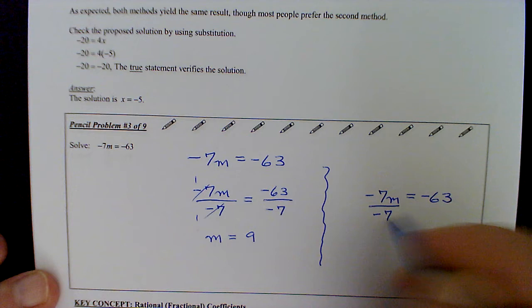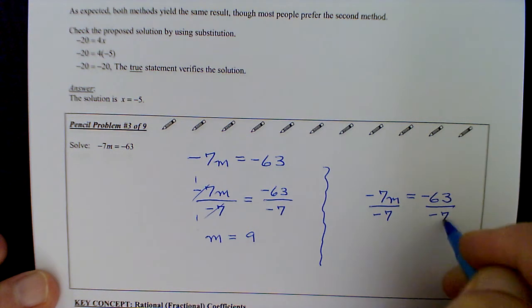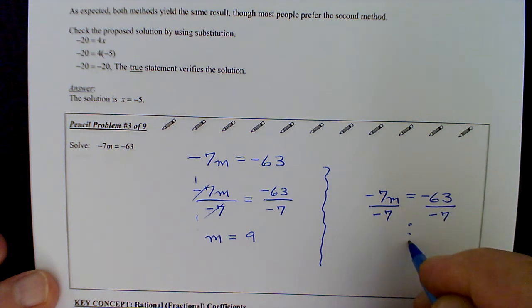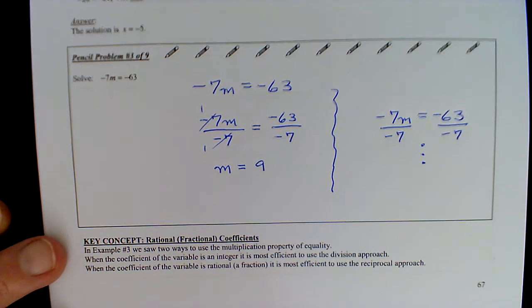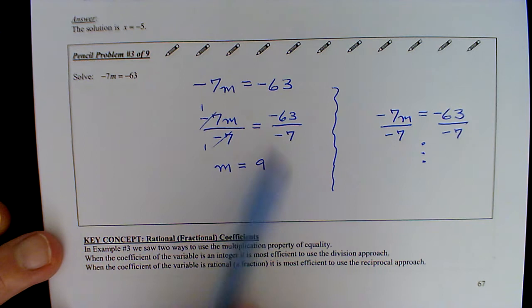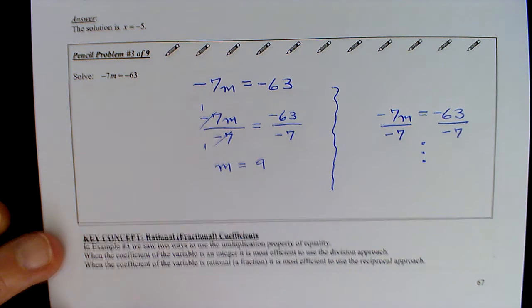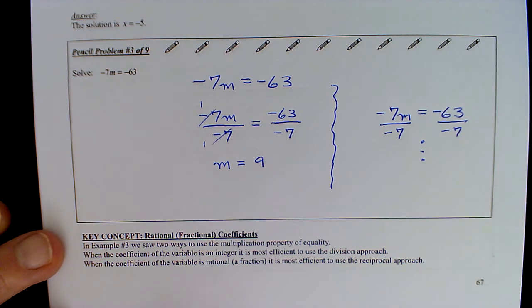You'll show divided by -7, divided by -7, and then proceed to the solution. So feel free to do it that way, because most people do. But again, I'm going to show this step for reasons that'll become obvious in the future.